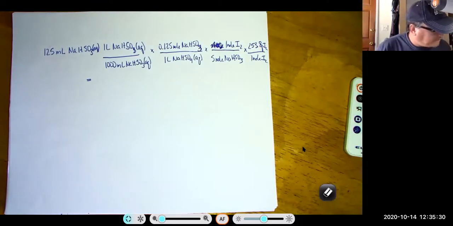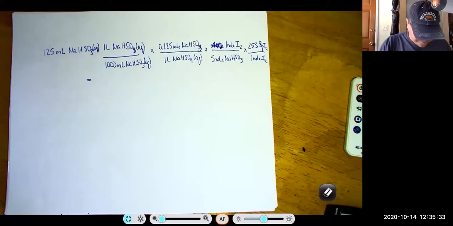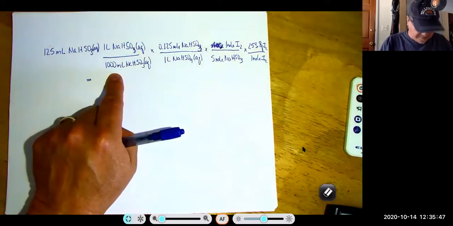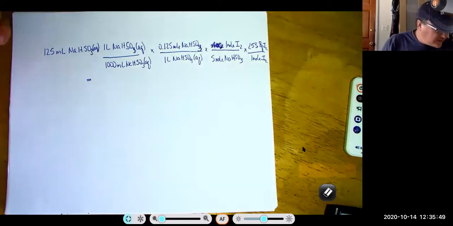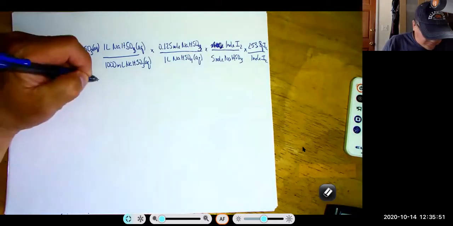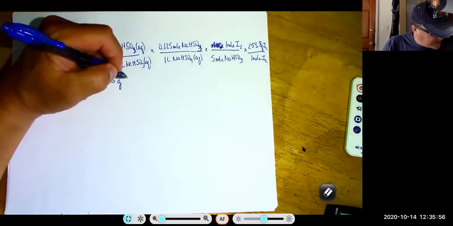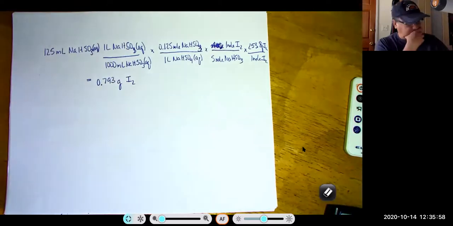Okay? So let's see what we get. 125 times 0.125 times 253.8 divided by 1,000 divided by 5. 0.793 grams of I2. Why am I so far off with my estimating here?